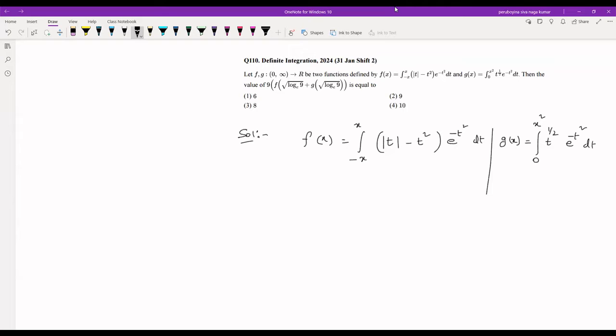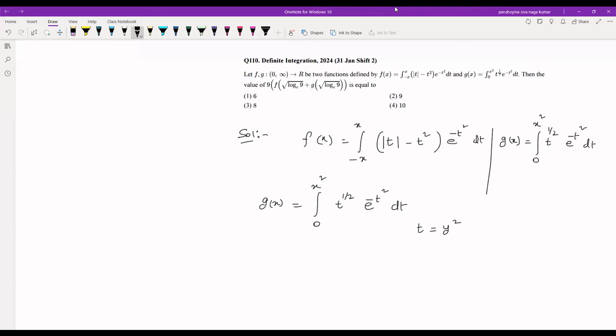So first we will consider the g of x value. G of x was given as the integral from 0 to x square of t power 1 by 2 into e power minus t square dt. So let us consider t power 1 by 2, which means root t, as y.